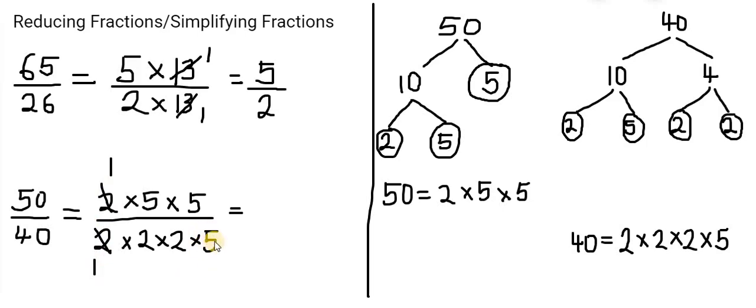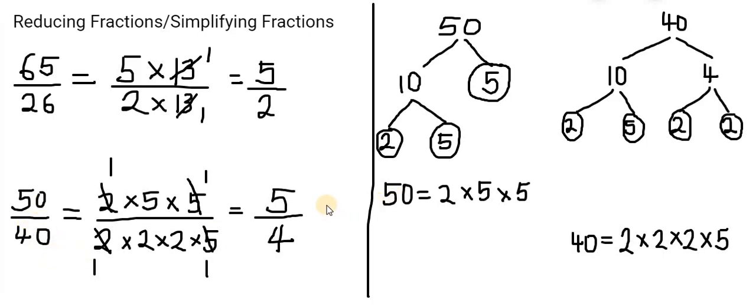Now there's a common 5 at the top and at the bottom. So we cancel that out for 1 and 1. Now, at the top, we go 1 times 5, that's 5, and then 5 times 1, 5. At the bottom, we go 1 times 2, that's 2, 2 times 2, that's 4, 4 times 1, that's 4. So, 5 over 4 is the simplified version of 50 over 40.